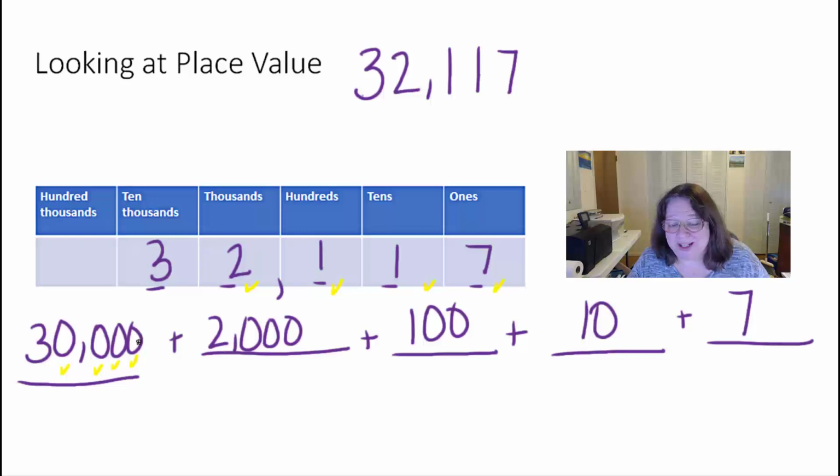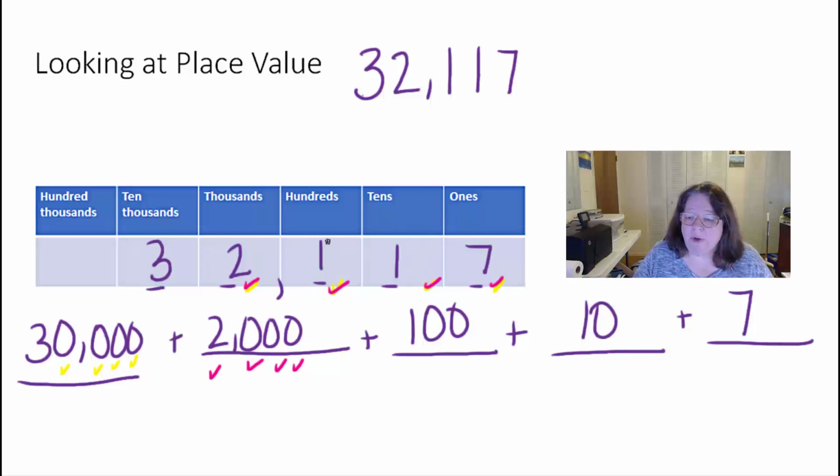That's not a coincidence. That's how our number system works. And it's the same for all of the numbers. I've got my 2 here. How many spaces are left after the 2? 1, 2, 3. 1, 2, 3 zeros.